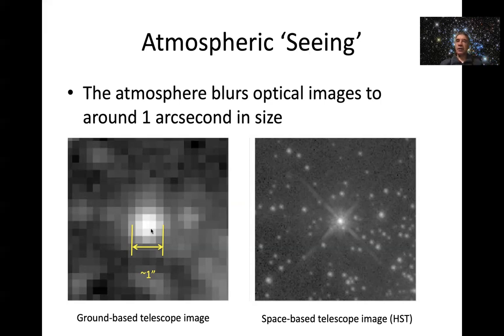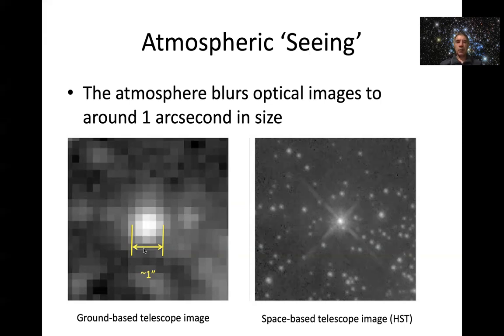Another manifestation of that, if you've ever looked at the night sky at a bright star, especially one near the horizon, you'll see that it appears to twinkle and kind of change in brightness and move around a little bit on the night sky if you zoomed in on it. That's the same effect. That's the effect of the atmosphere on the star. It's nothing to do with the star itself.